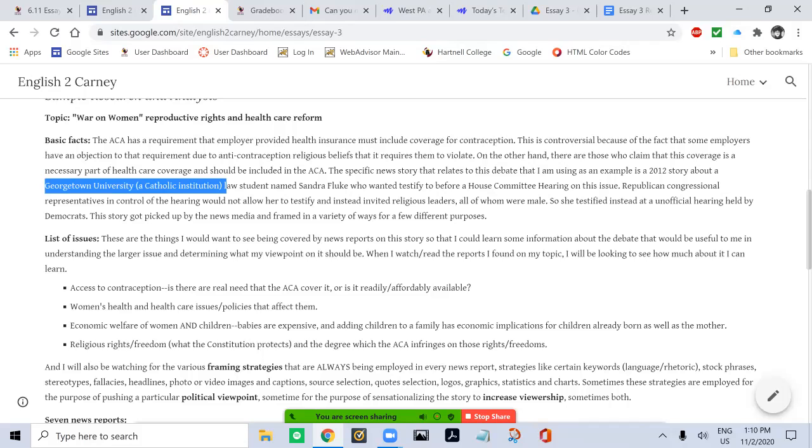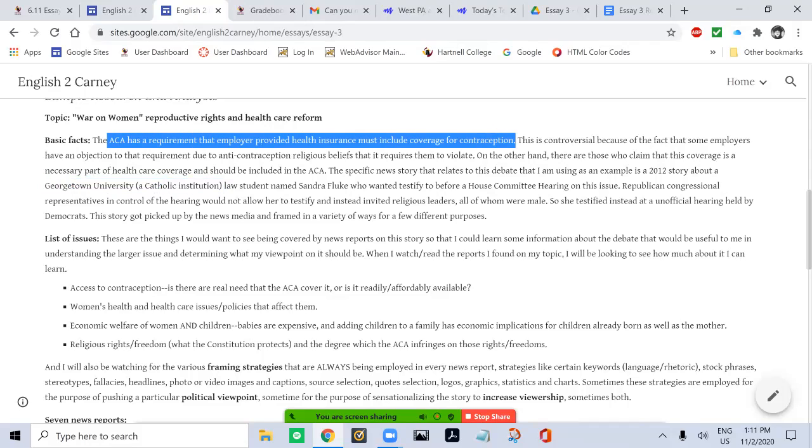And because Georgetown University is a Catholic institution, but is also an employer that employs graduate students and pays them a wage and provides them with health insurance, right? They felt as though this provision of the Affordable Care Act was imposing on their religious freedom, okay?